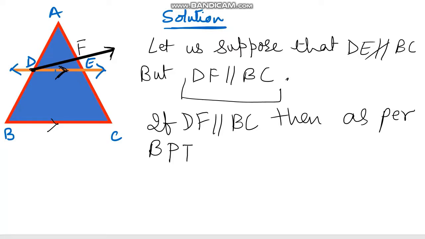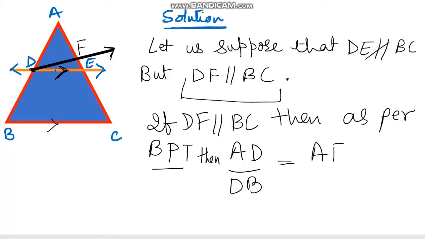If DF is parallel to BC, then AD by DB will be equal to AF by FC. This we will get. But children, do you remember what was given to us?